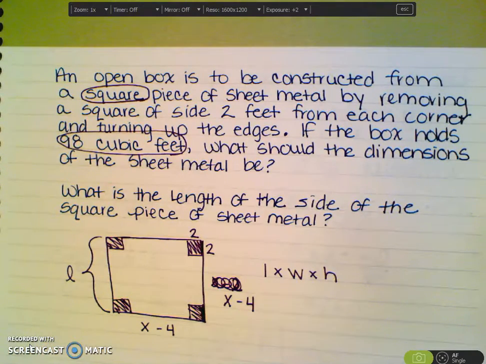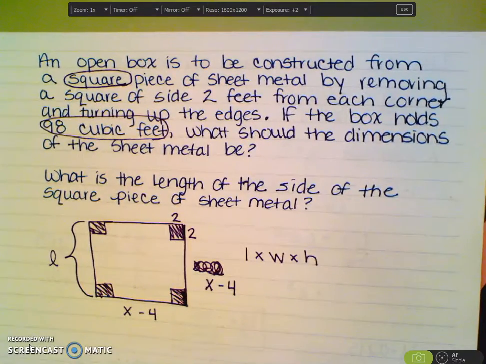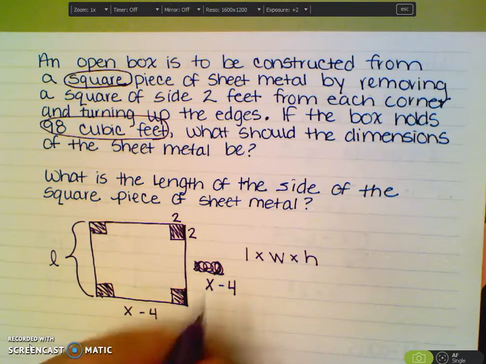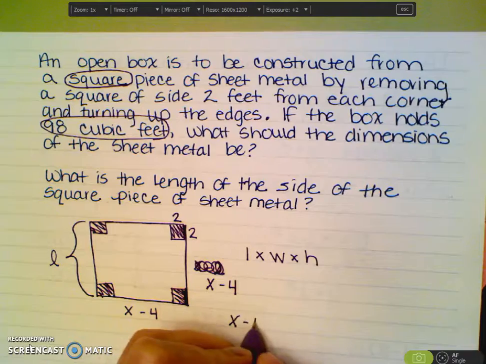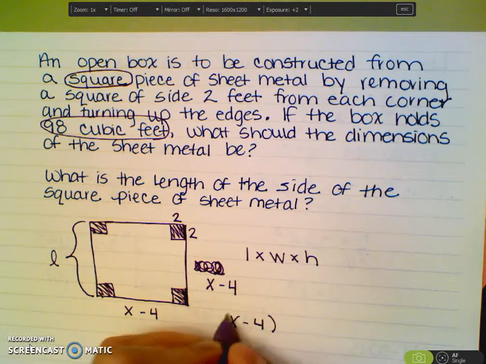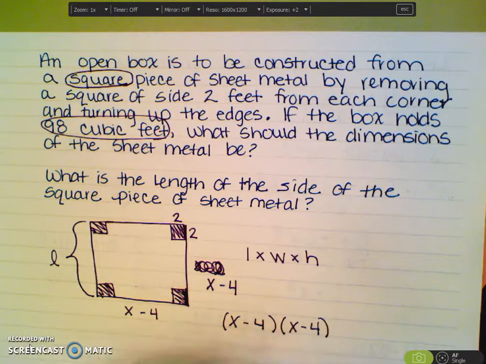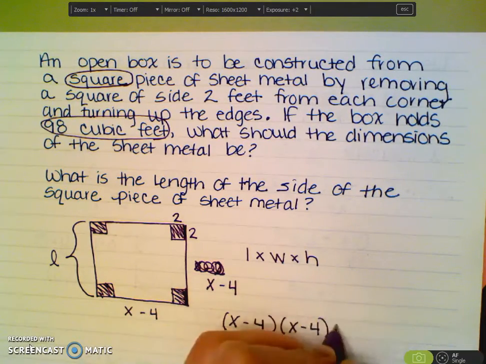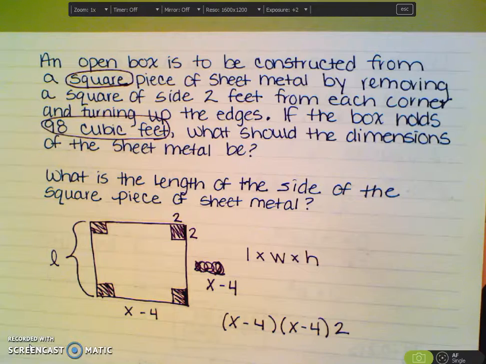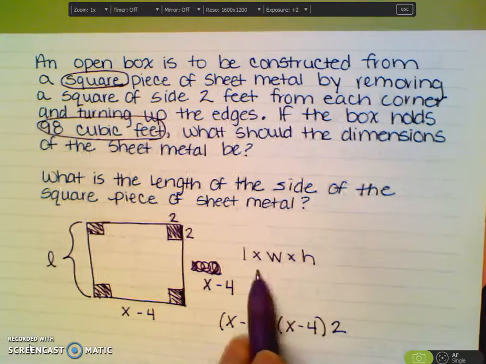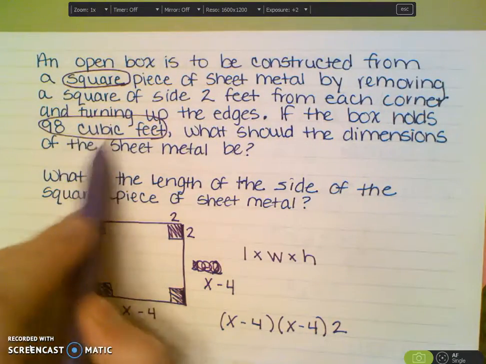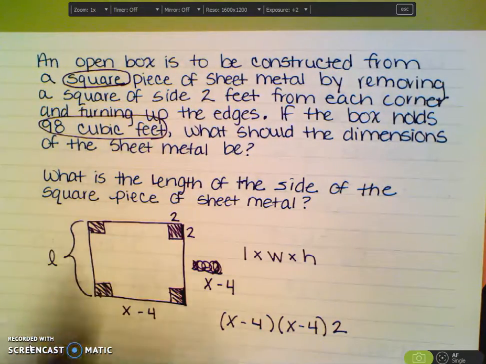So now if I take length times width times height, my length would be x minus 4 times x minus 4 times my height, which is 2. Length times width times height. And remember, I got this because it said cubic. So cubic or cubed means that it's the volume of something.